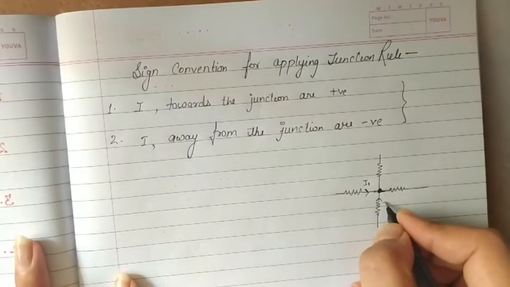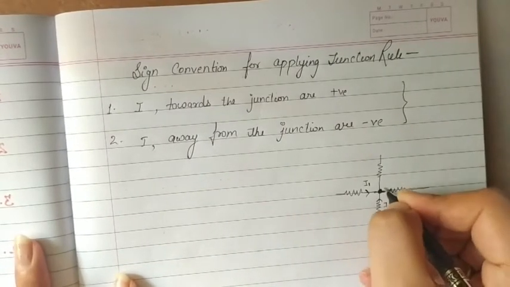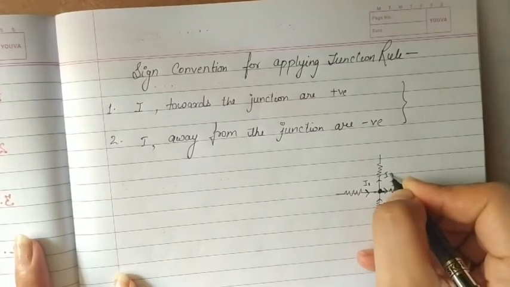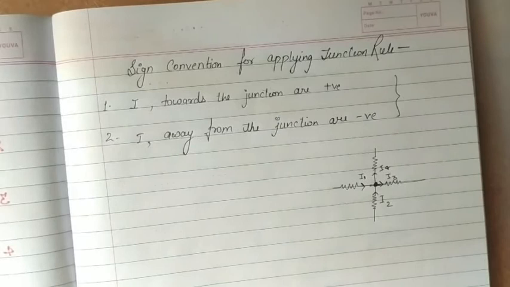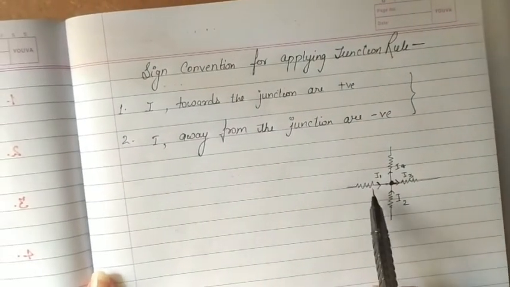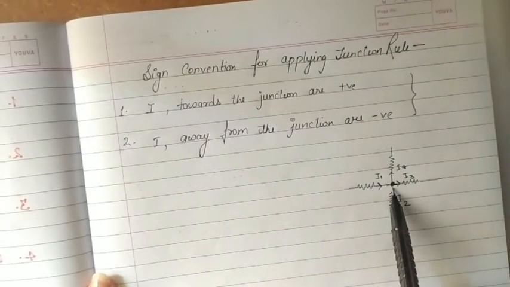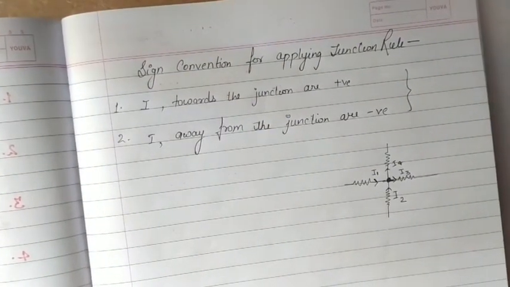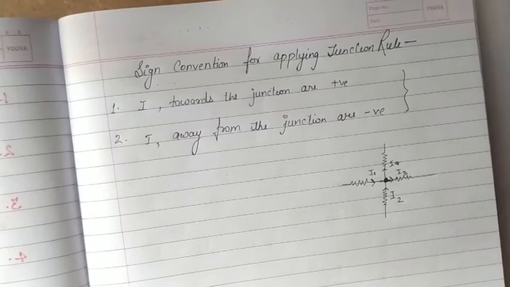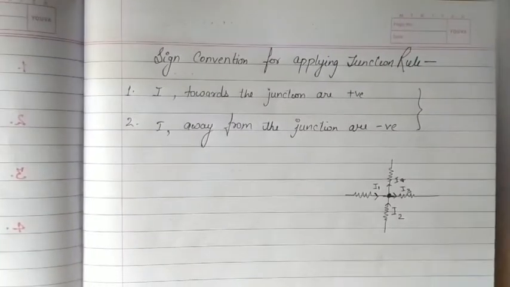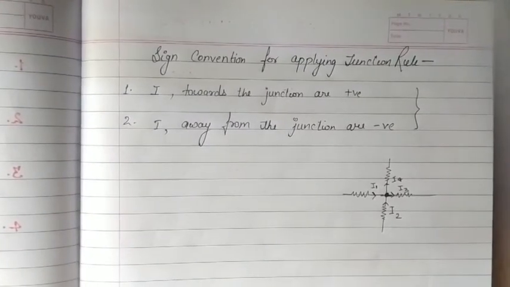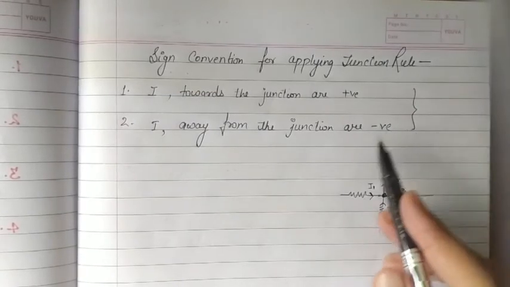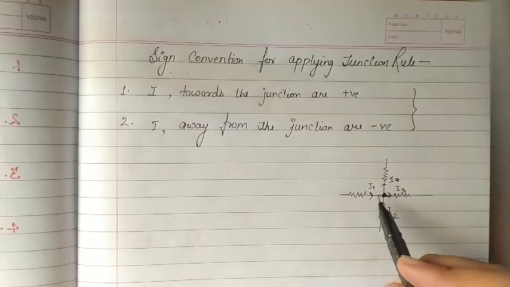Now, among these four currents, I1 and I2 are traveling towards the junction while I3 and I4 are traveling away from the junction. So now we want to apply the junction rule at this junction of the electric network.